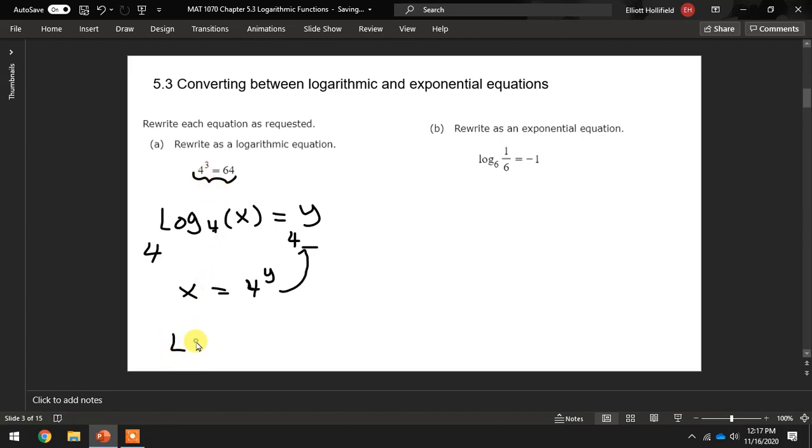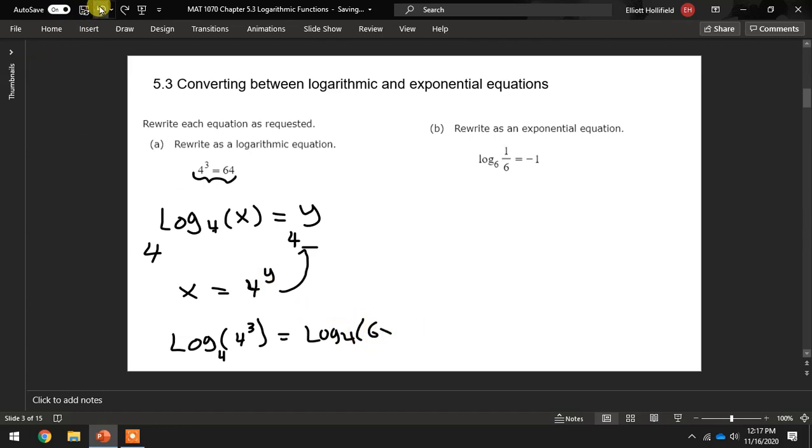The base will be 4. Think of taking the log base 4 of both sides of this expression. That is, the log base 4 of 4 to the 3 will be equal to the log base 4 of 64.